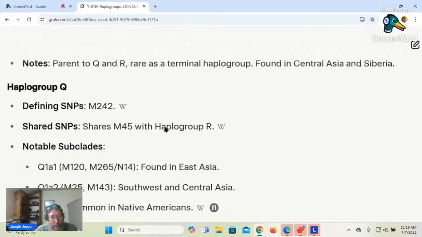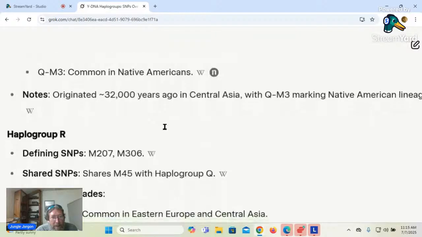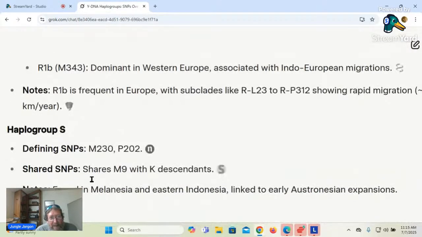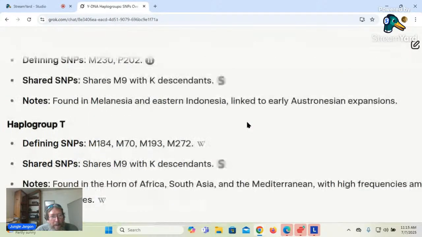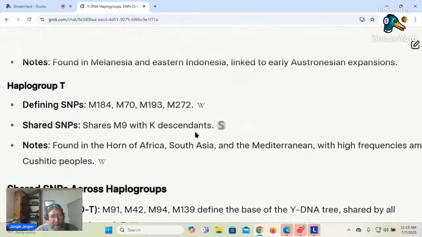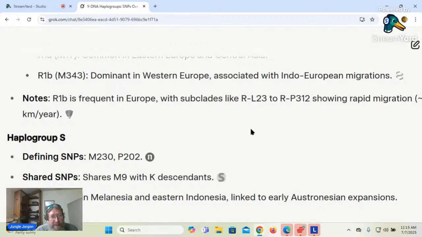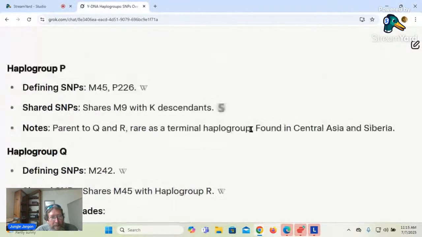But here we have Q missing the M9, and R is missing the M9. Now S has the M9 again. So I don't know what's going on with that. T has the M9, and that's it. Of course, S or M is not even here.